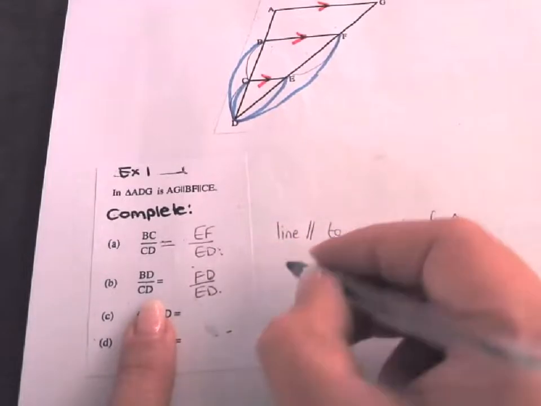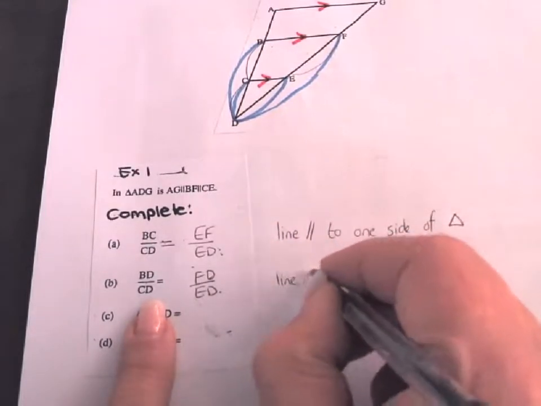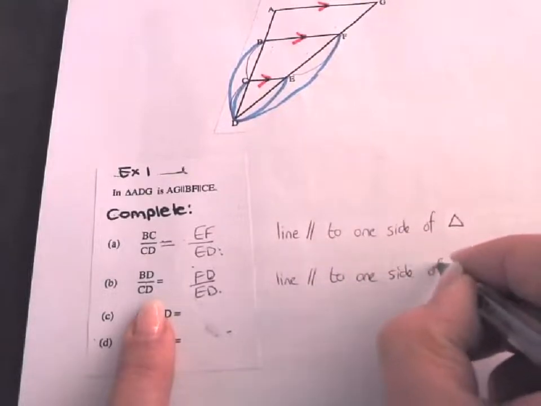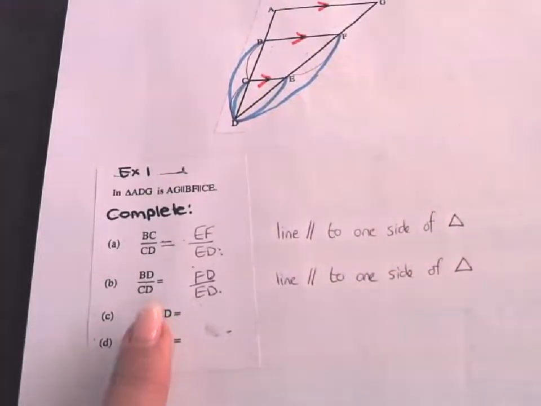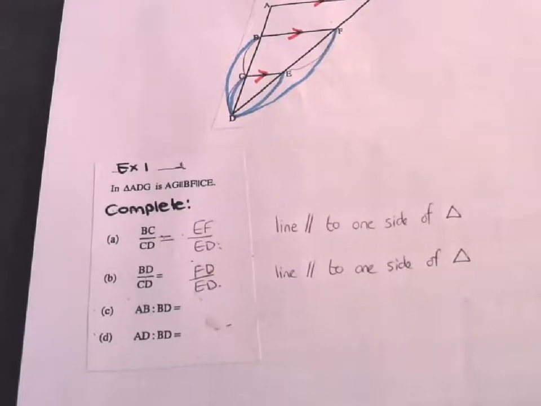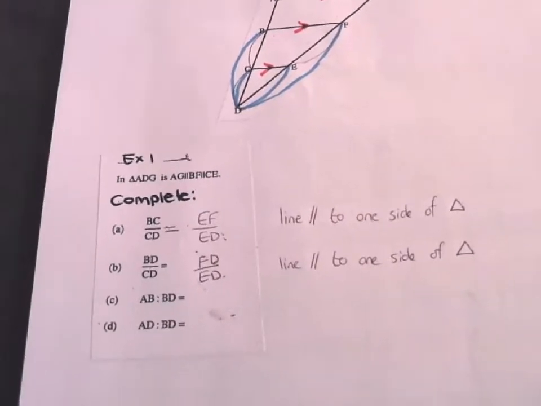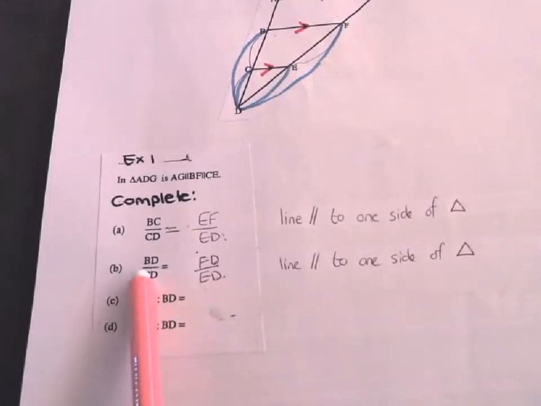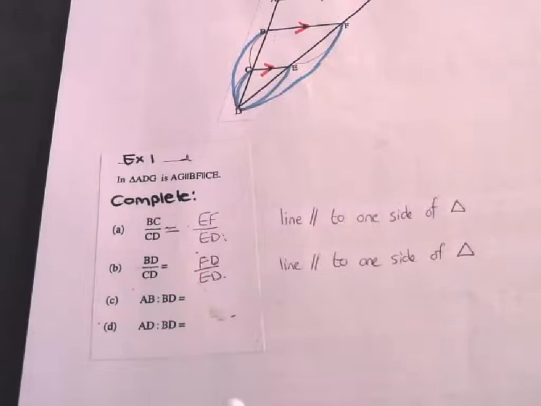And the reason is line parallel to one side of the triangle. Now sometimes they don't use the divide line of a fraction. They use the two dots. And that's the same answer.